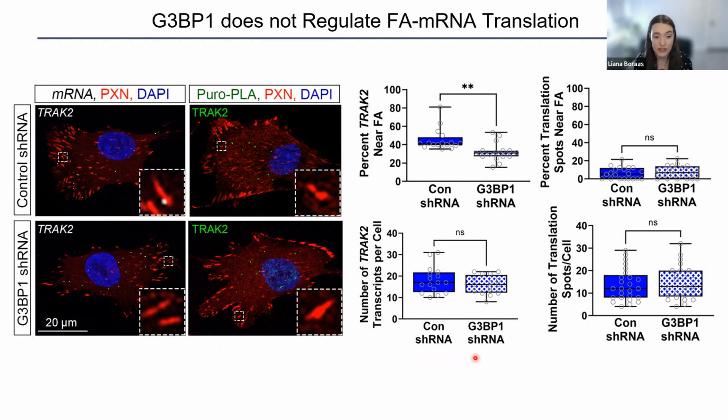We see no difference in the number of mRNA per cell, which is consistent with our poly-A sequencing data. And we also see no difference in the percent translation, either near focal adhesions or throughout the cell in general. So G3BP1 is specific to localization, not expression or translation.